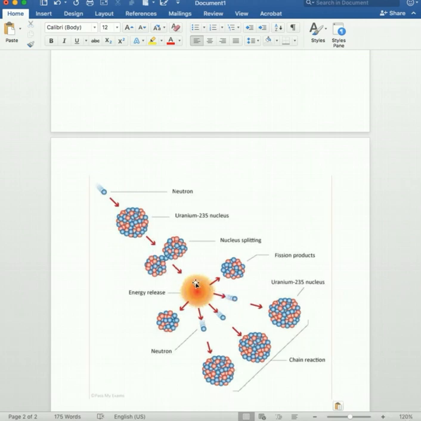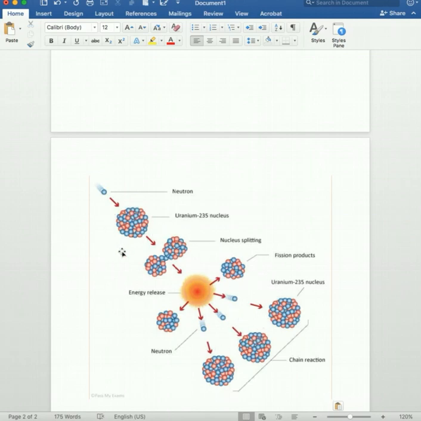And every time you have a fission, a splitting, because fission means splitting, you release energy. So you have 1 lot of energy, 3 lots of energy, 9 lots of energy. So you can see how this reaction is getting faster and the energy release is rising exponentially. That's dangerous. So this would happen naturally.